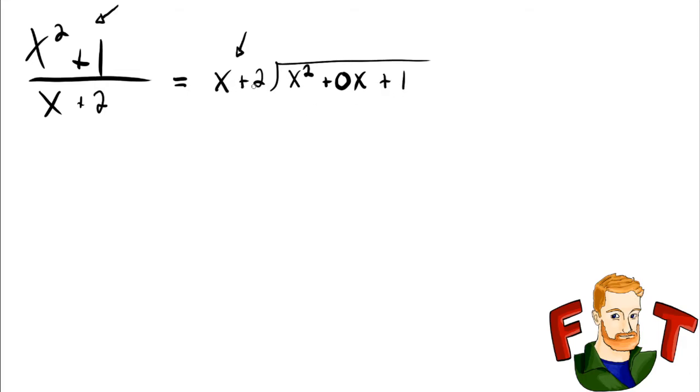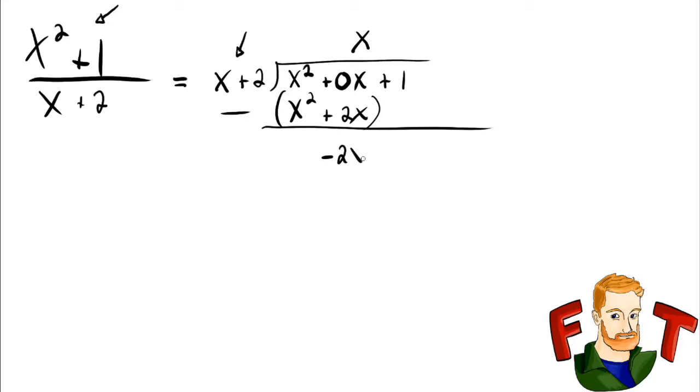So x goes into that, x times x plus 2 is x squared plus 2x. And so now it'll make sense. So we subtract that. That becomes 0, this becomes negative 2x, and now we can drop the 1 here.